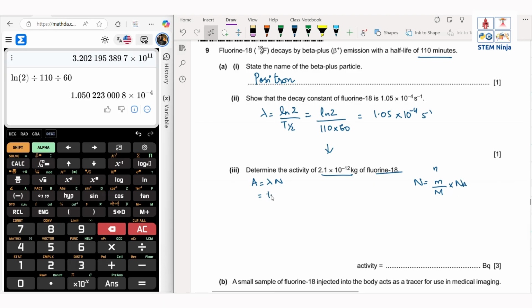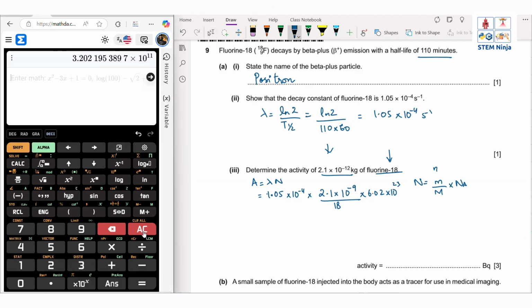So we have 1.05 × 10^-4 times the mass, this is in kg, so we will have to times by 1000. So this becomes minus 12 plus 3, 9, divided by the molar mass of fluorine-18, that would be just in grams 18, times 6.02 × 10^23. So this is what we need over here.